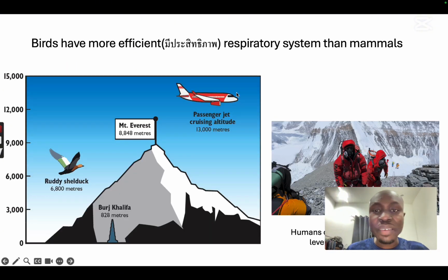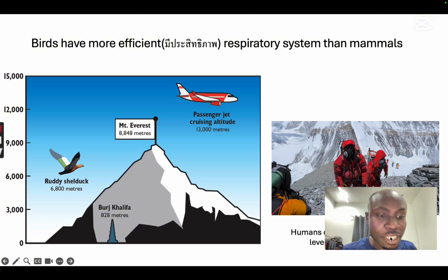Now, birds have a very efficient respiratory system. Their respiratory systems are better than humans because birds can fly very high in the sky where the oxygen is very low, but they can survive. But humans cannot go to very high mountains without an oxygen bag or oxygen tank.